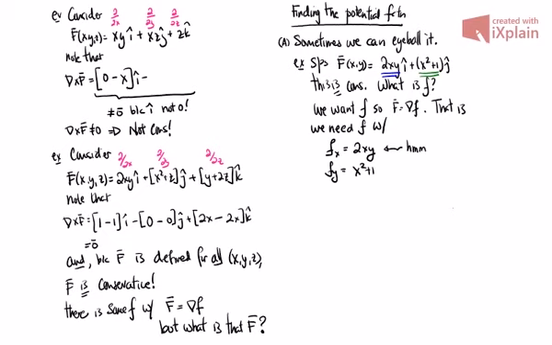If I take the antiderivative with respect to x, I get something like this. And if you take the antiderivative with respect to y, I would get something like this.